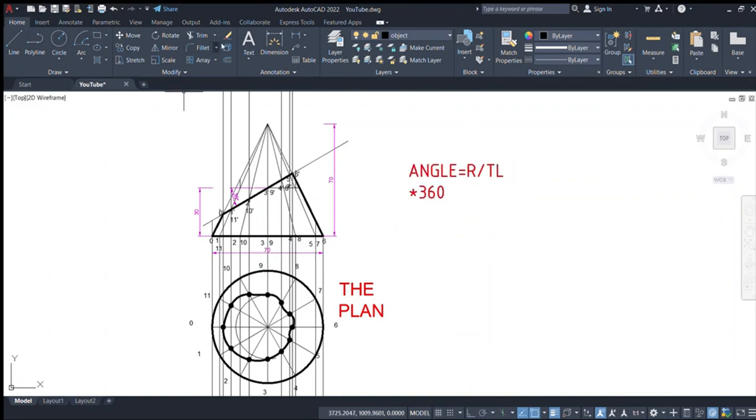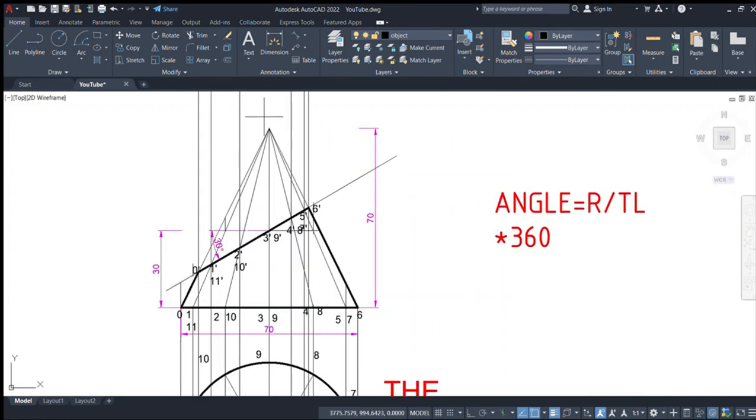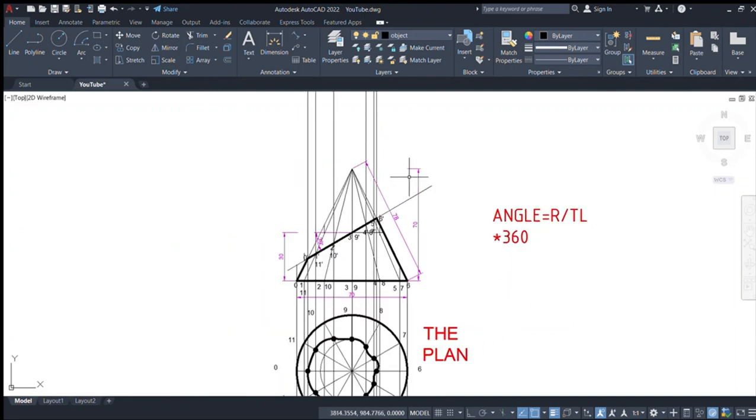So now our true length, you can measure the one you draw. This is the true length. So you can see it is 78. So our true length here is 78. So 35 over 78 times 360, you get 161.5.